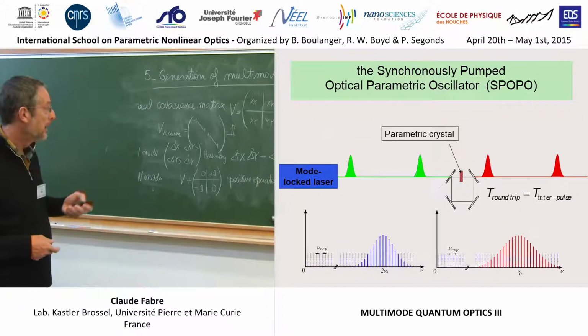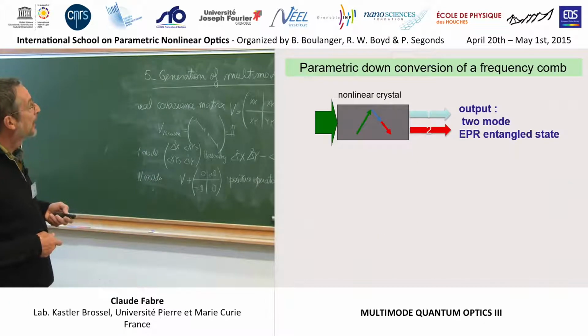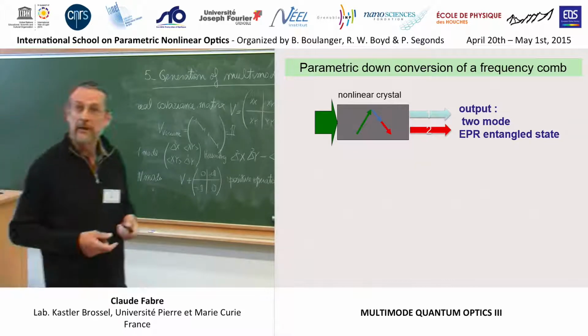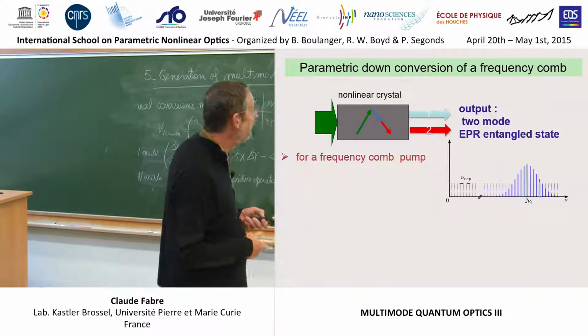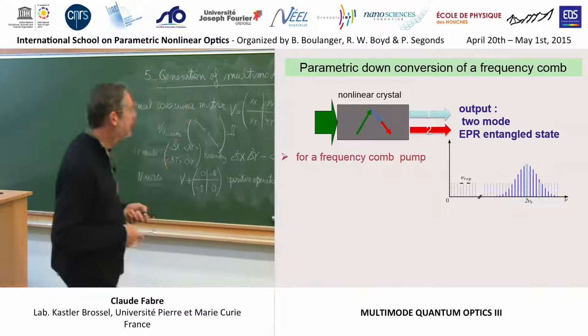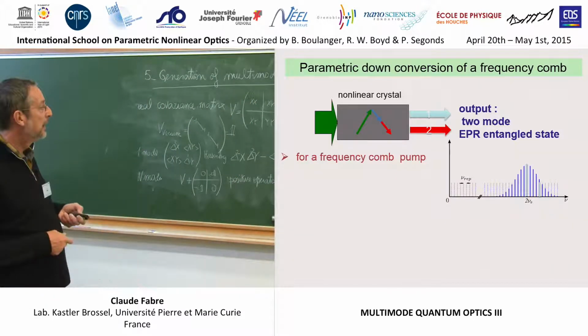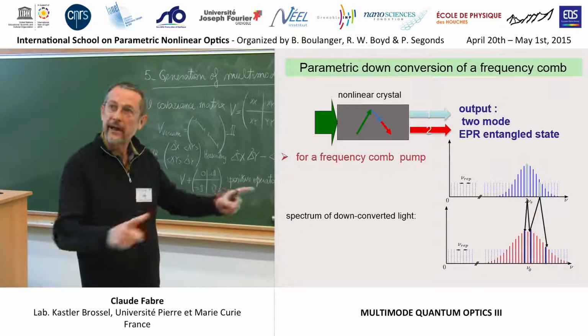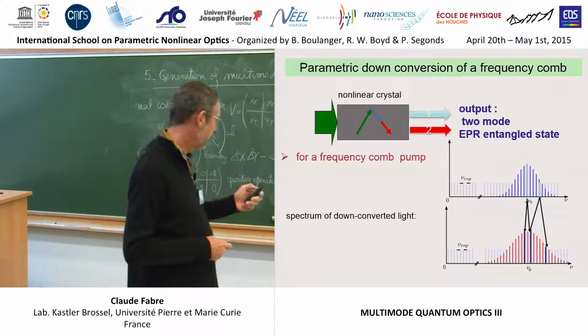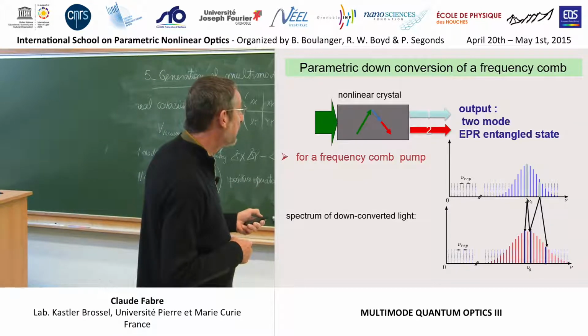Okay. So it's more complicated because now you don't have a single frequency as a pump, you have this kind of thing. Okay, you have a pump with many frequency components, and each of the frequency components of the pump gives rise to entangled pairs. So for example, the central one here entangles these two sidebands.